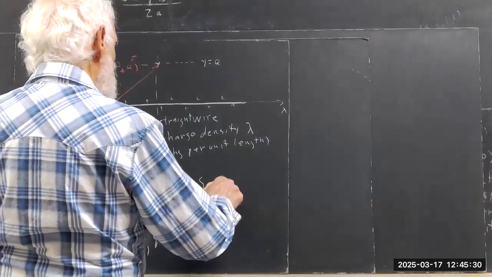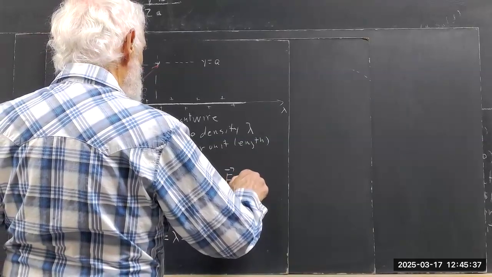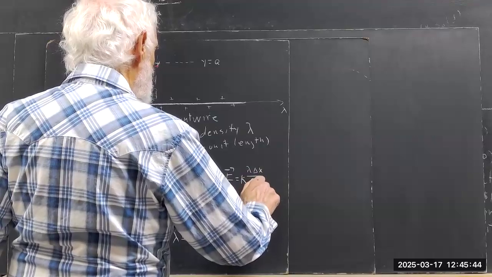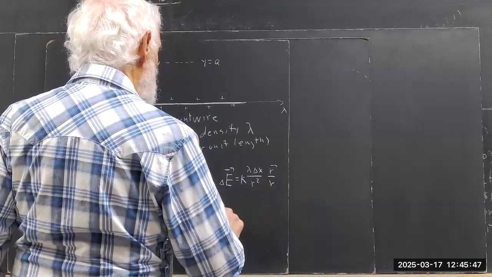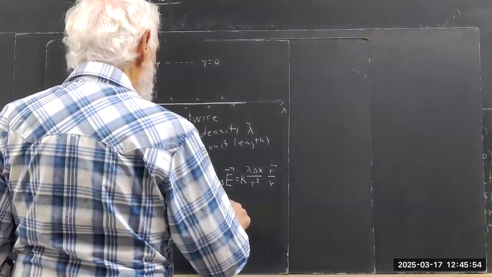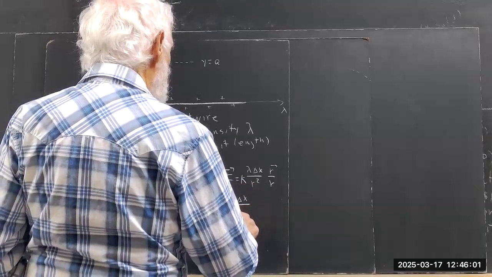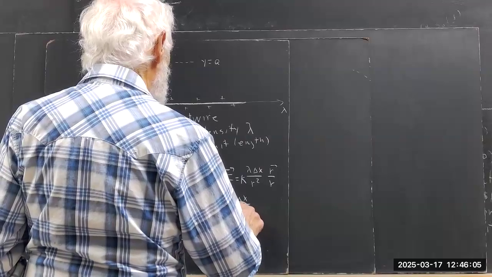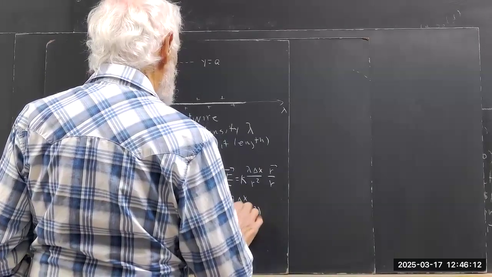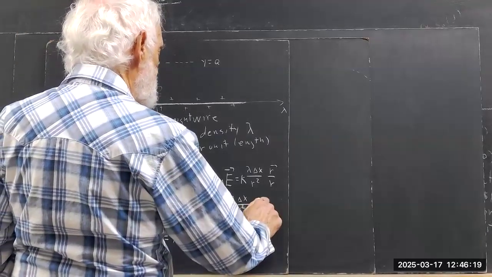Okay, so there's your delta E. Now, of course, the magnitude of r is x star squared plus a squared.